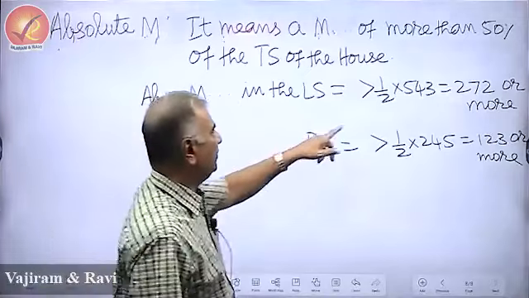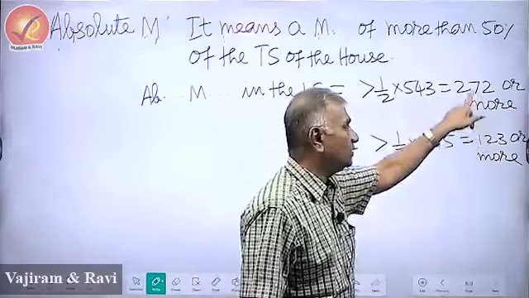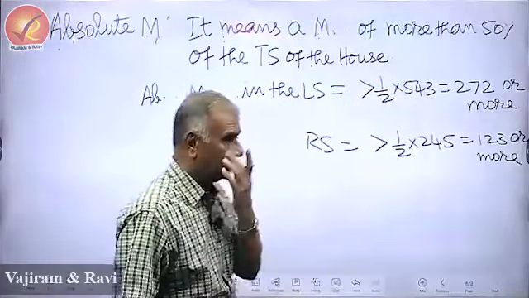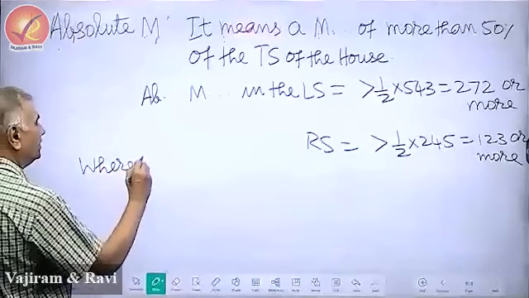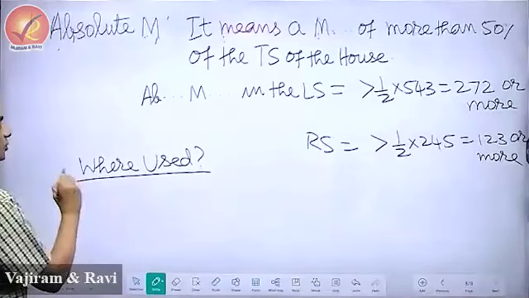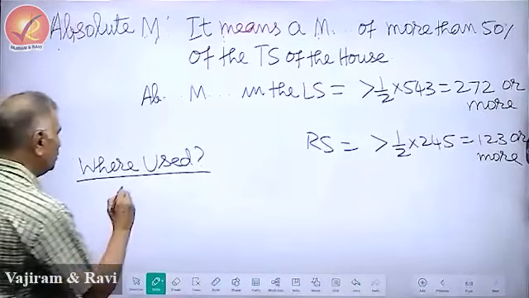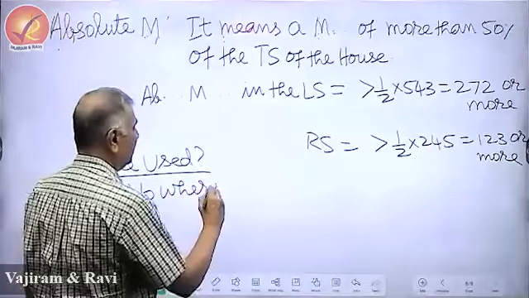And since these figures are fixed for the time being, the absolute majority figures are also fixed, 123 and 272. Where is it used? What are the types of business where absolute majority is used? It is used nowhere by itself.